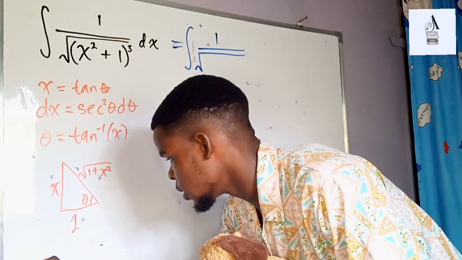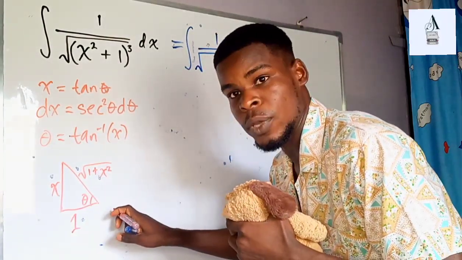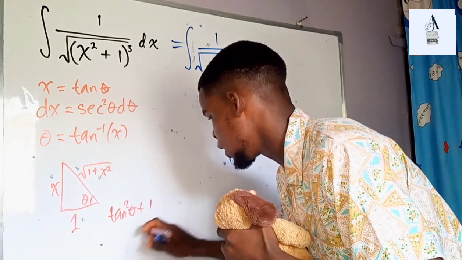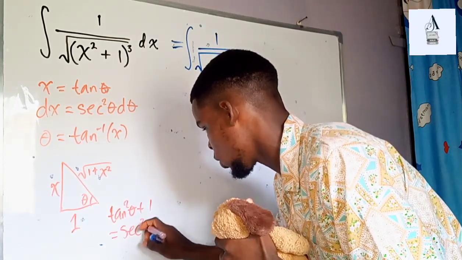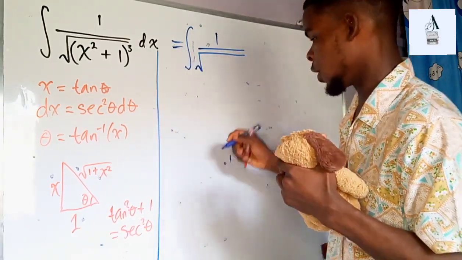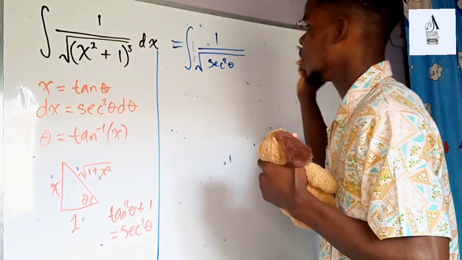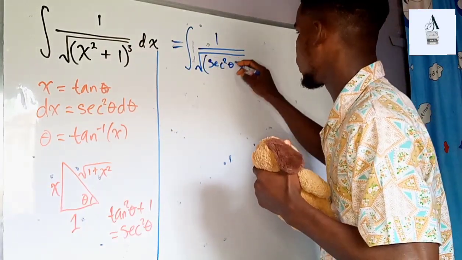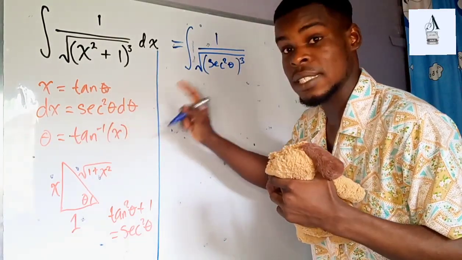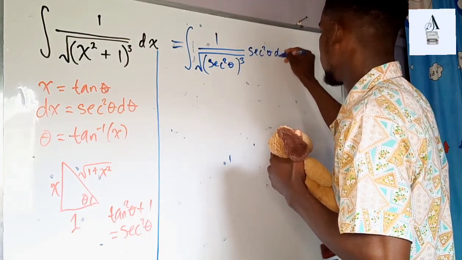That is so because tangent squared of an angle plus 1 is equal to secant squared of that same angle, from trigonometric identities. So this becomes secant squared of theta, raised to power 3, and then dx is secant squared theta d theta.